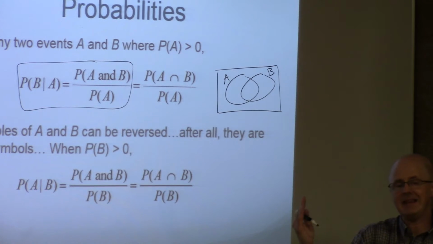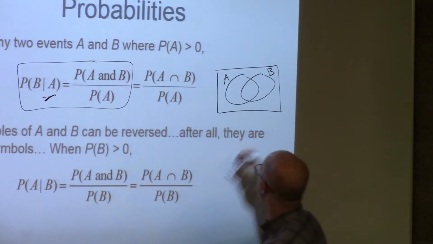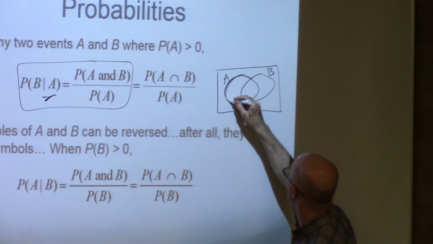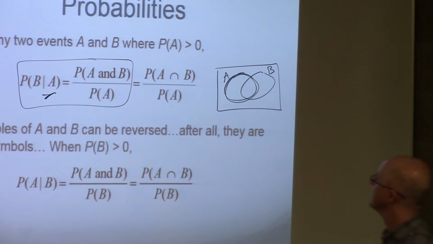It's now not anything in the sample space that could occur. You know it is given that A has occurred. So you know, in fact, you must be in this circle somewhere, the circle for A.